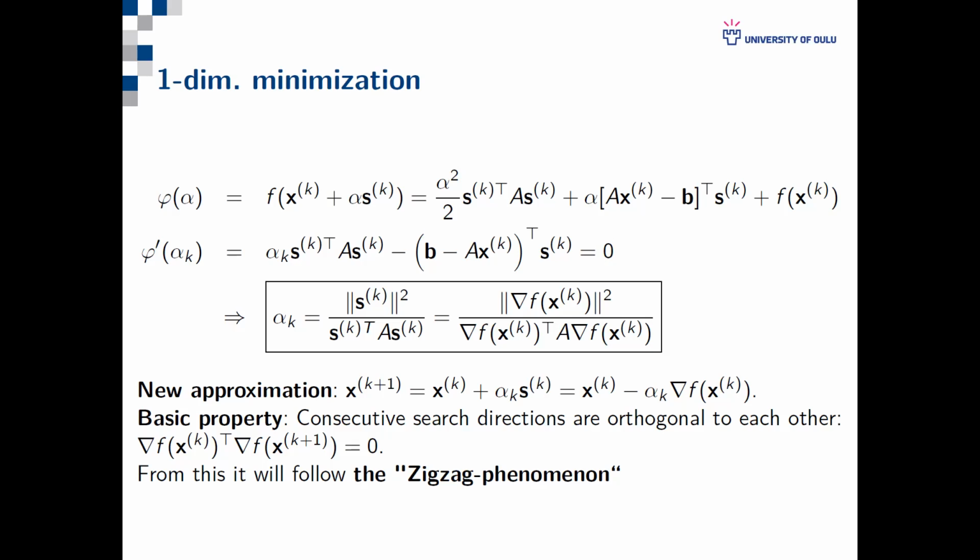So alpha k equals the norm of the search direction squared divided by this one. And then for a quadratic functional, you can compute this alpha k exactly. So the 1D minimization can be computed exactly if you can compute the gradient of the function f at xk exactly. And then you have the new approximation.